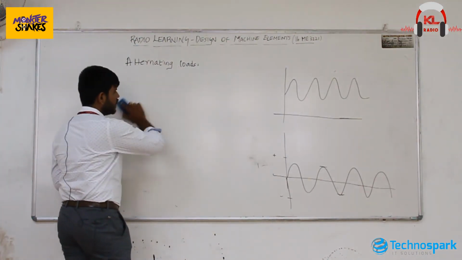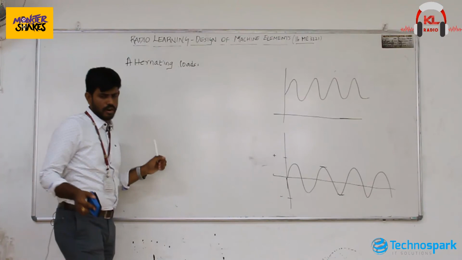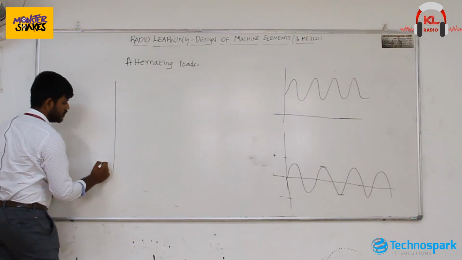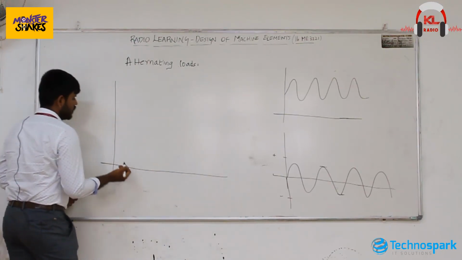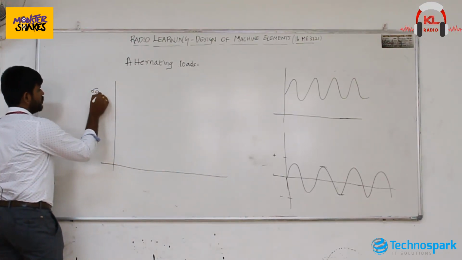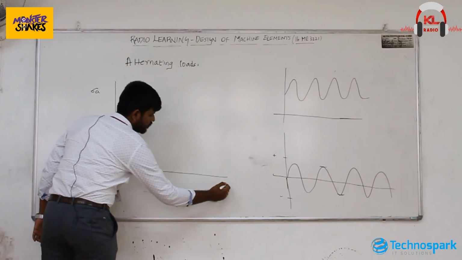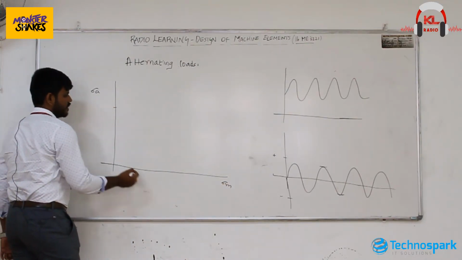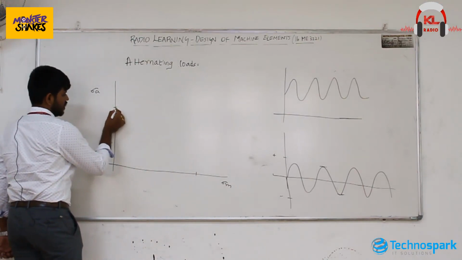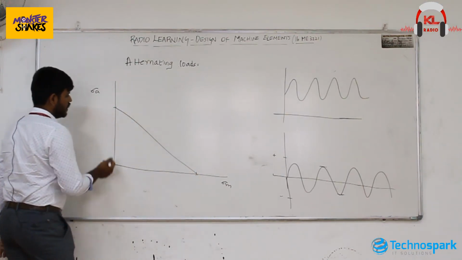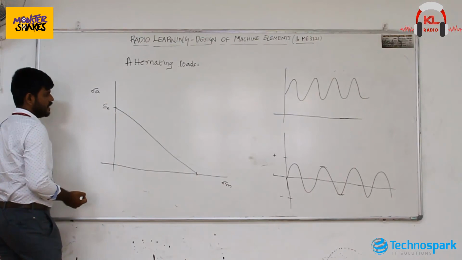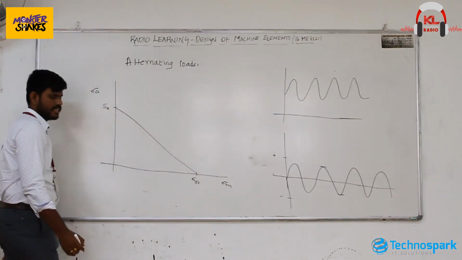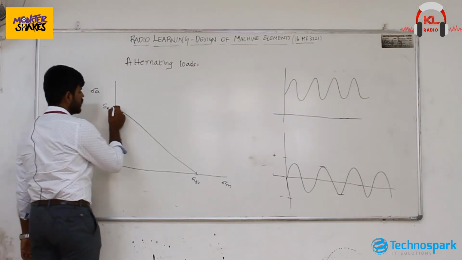We can show the plots in the same graph; you can superimpose them. Sigma a will be on the y-axis and sigma m on the x-axis. The Soderberg line will join the amplitude stress to the yield stress in tension, sigma yt.